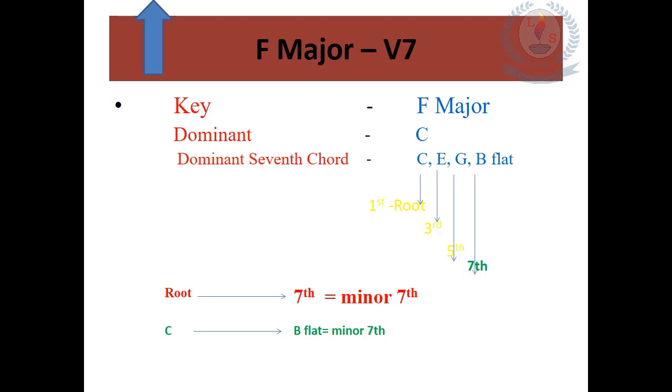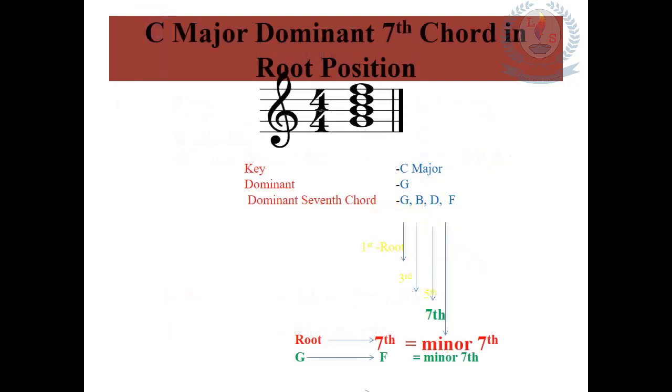This is an explanation of the previous slide. C major dominant seventh chord in root position. Dominant G, dominant seventh chord G, B, D, F. Root to the seventh note, the interval is a minor seventh.